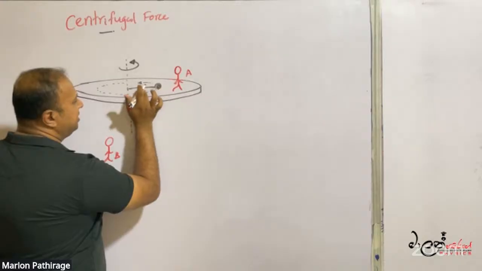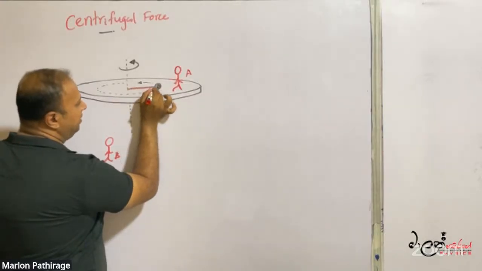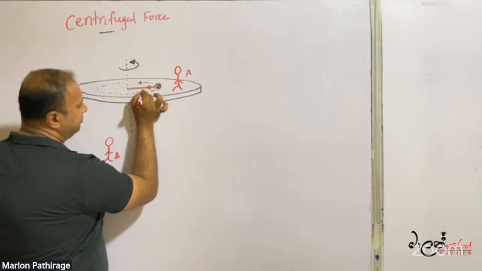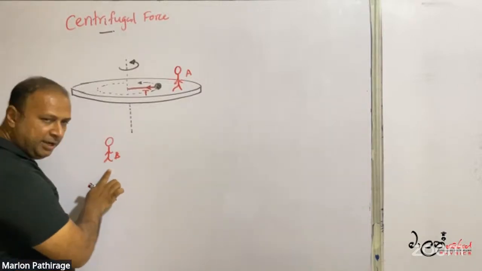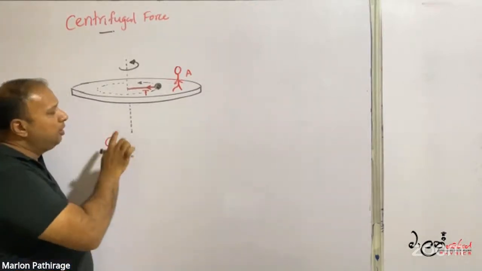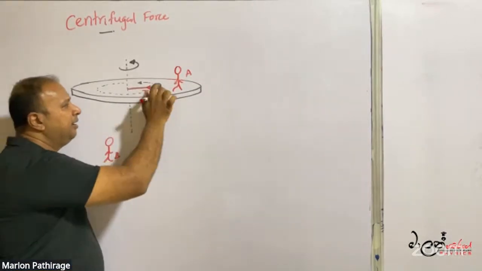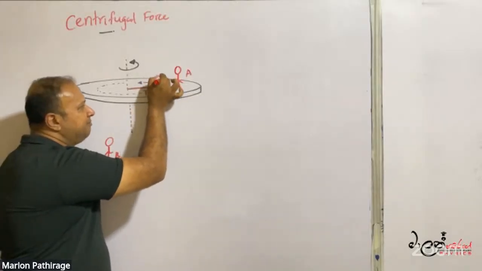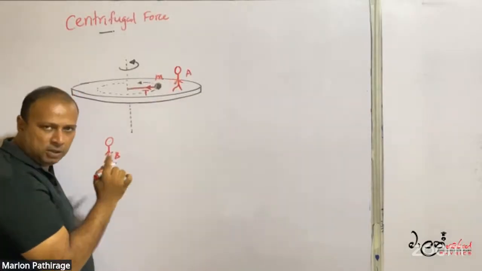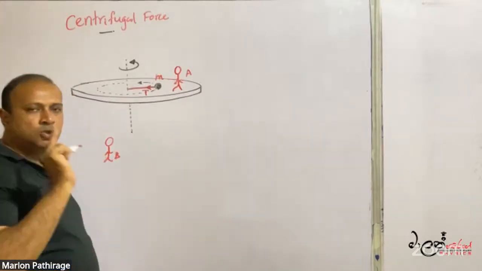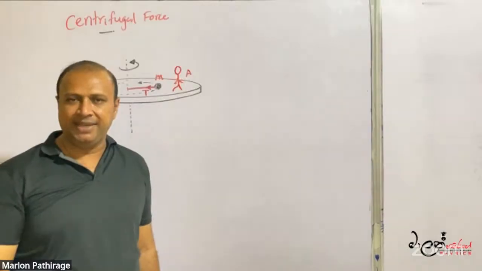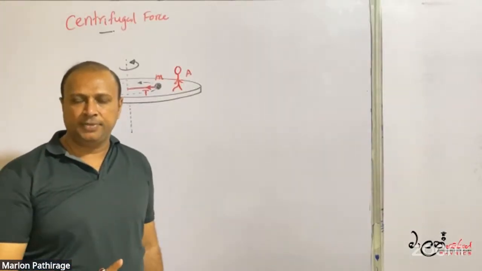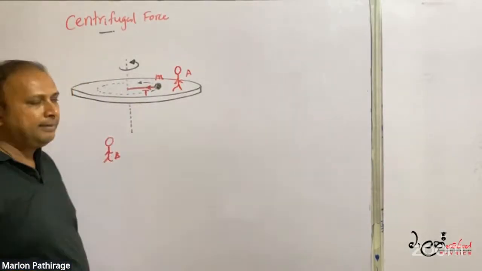Actually there is a tension force. With respect to B, this small mass M has a circular motion. To have a circular motion, definitely there should be a centripetal force. That centripetal force will be provided by this tension.